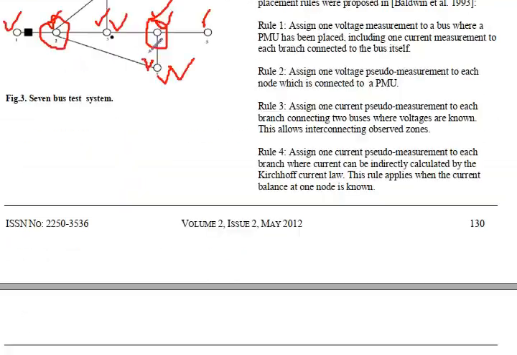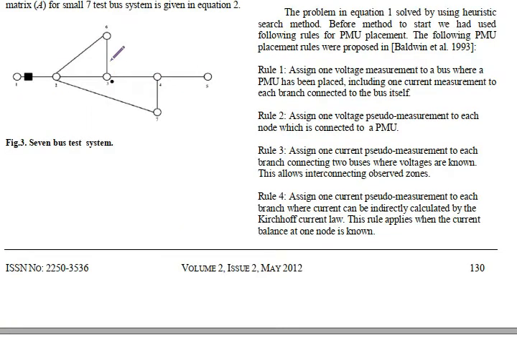So for example, in this case, let's suppose after shuffling the same placement exists. If we remove this PMU, so our one PMU was here and the second was here, we have removed this PMU. Now again check the observability. This is observable, this is connected to this one, this will be observable, this will be observable.